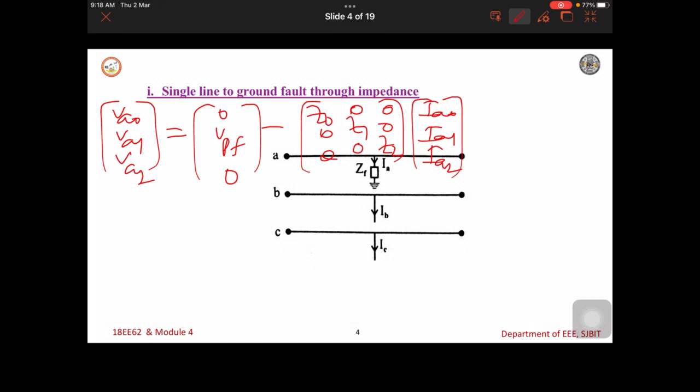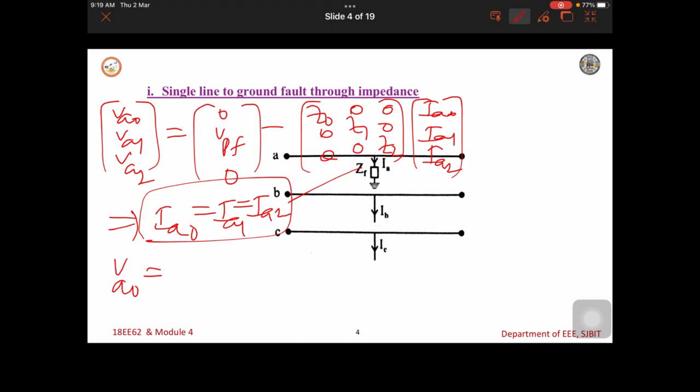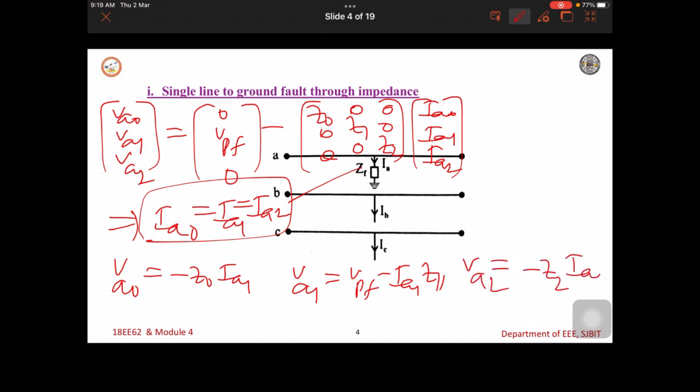If you simplify this further, IA0 is equal to IA1 is equal to IA2. Substituting this and simplifying further, you will get VA0 is equal to minus Z0 into IA1, VA1 is pre-fault voltage minus IA1 into Z1, and VA2 is minus Z2 into IA1.